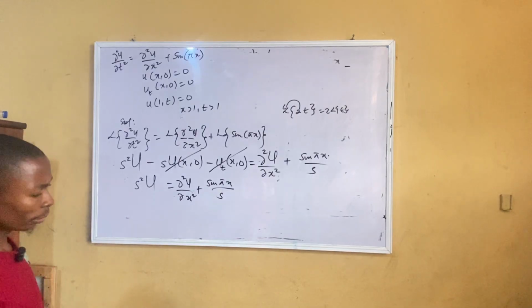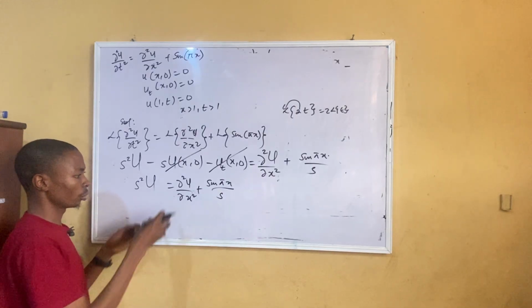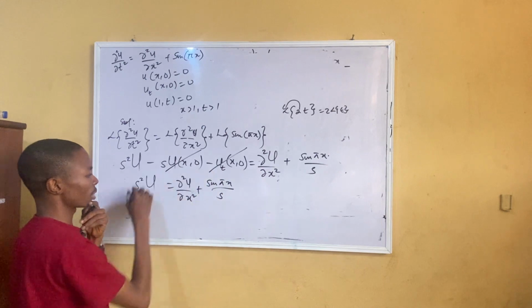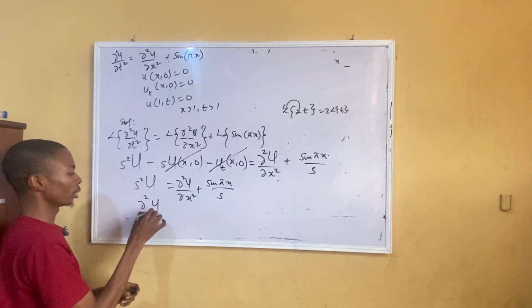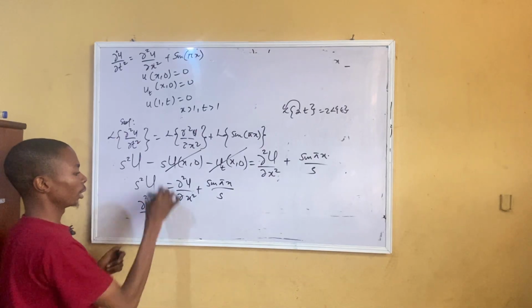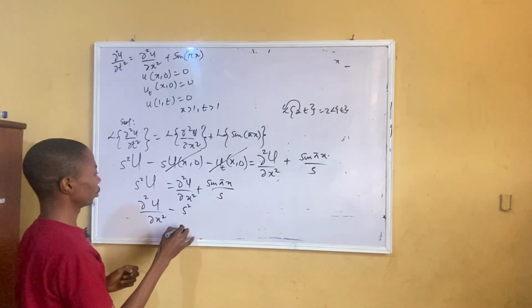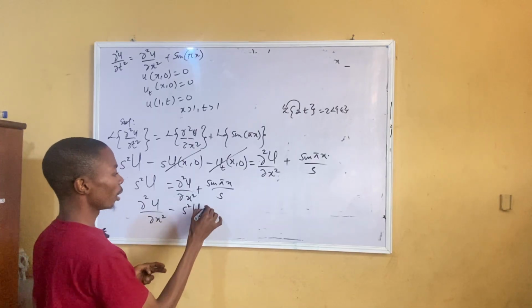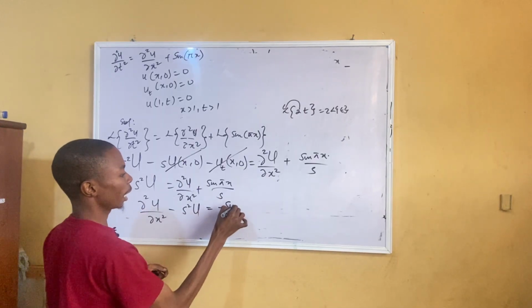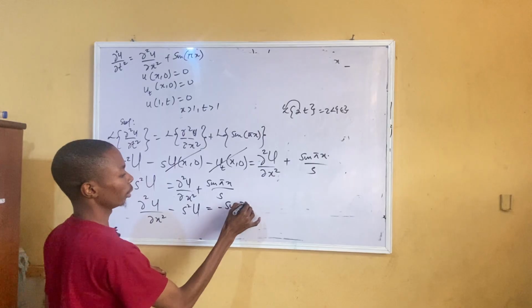So this is a second order non-homogeneous differential equation. Transferring terms, you'll have d squared U dx squared minus s squared U equals minus sine pi x over s.